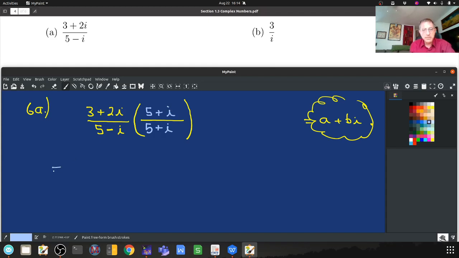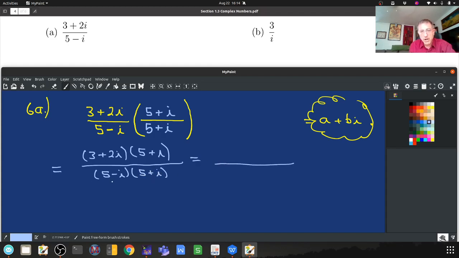So we're going to multiply numerator by numerator, 3 plus 2i, because multiplication of fractions is the easy one, right? And then I'm multiplying the denominators. The denominators are complex conjugates, so it's super simple.